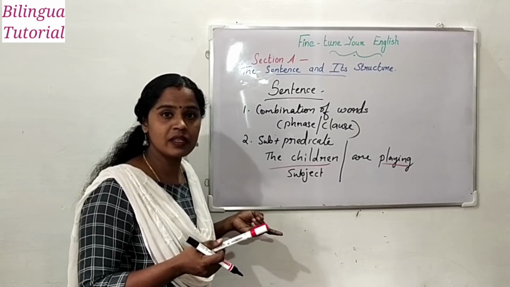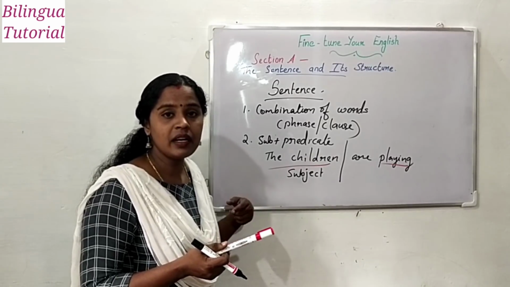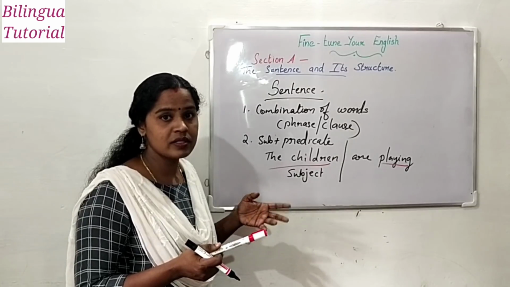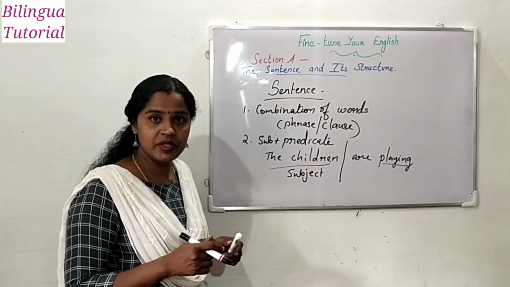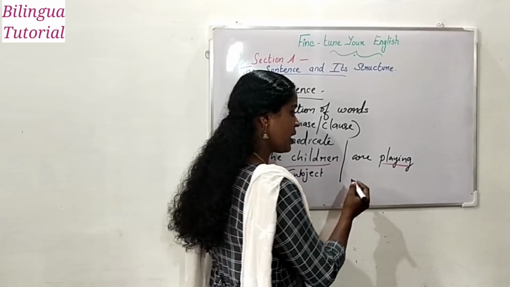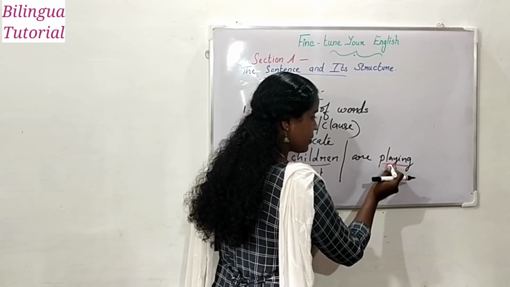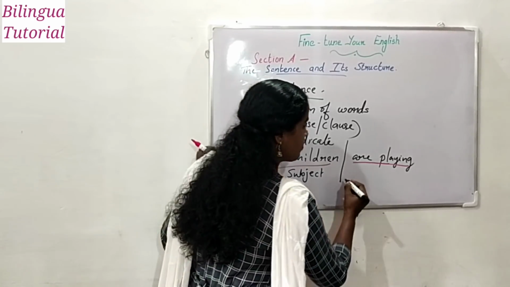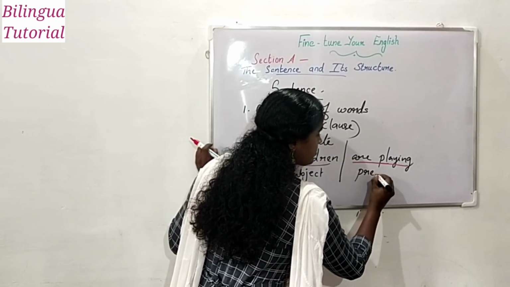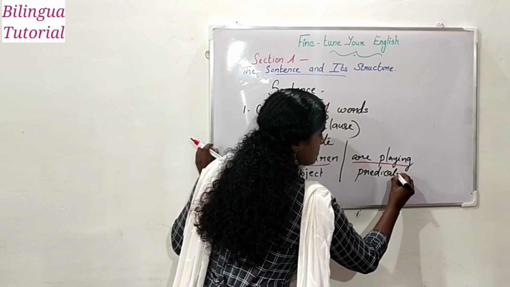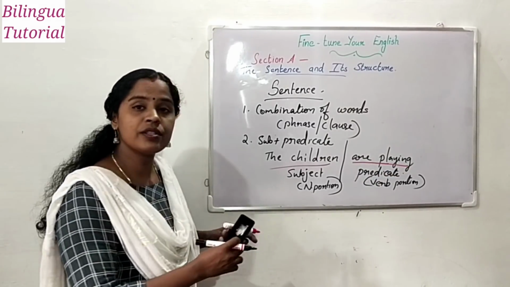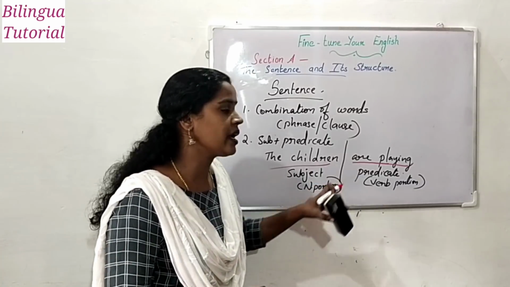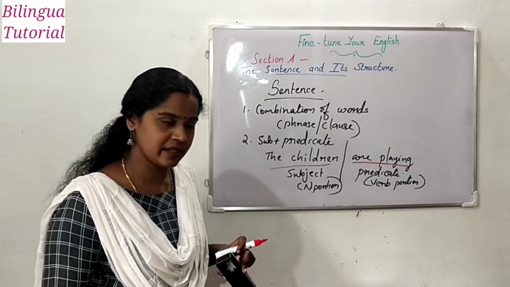And as you all know, what's a verb? A verb shows the action which has been done in a sentence, or some related words of action in a sentence. So here it is are playing. Are playing is the predicate. The subject is the noun portion in a sentence and the predicate is the verb portion in a sentence.